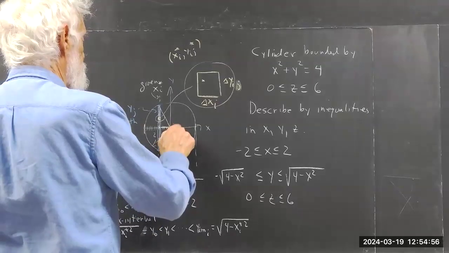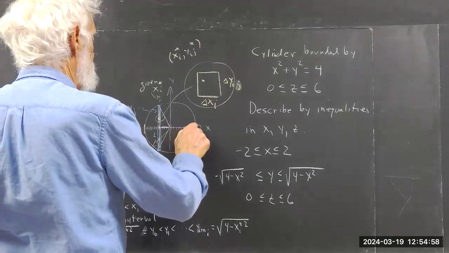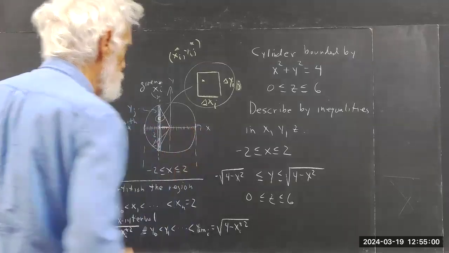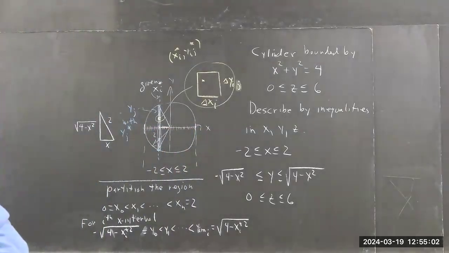And your x partition, of course, goes all the way from -2 to 2. Now, does that make sense?